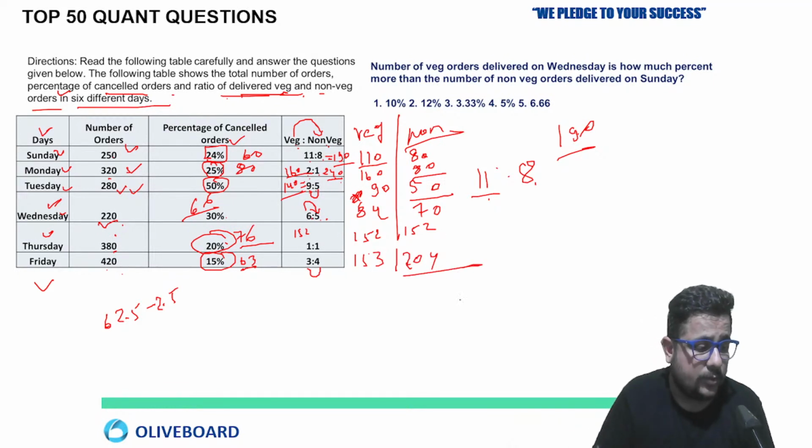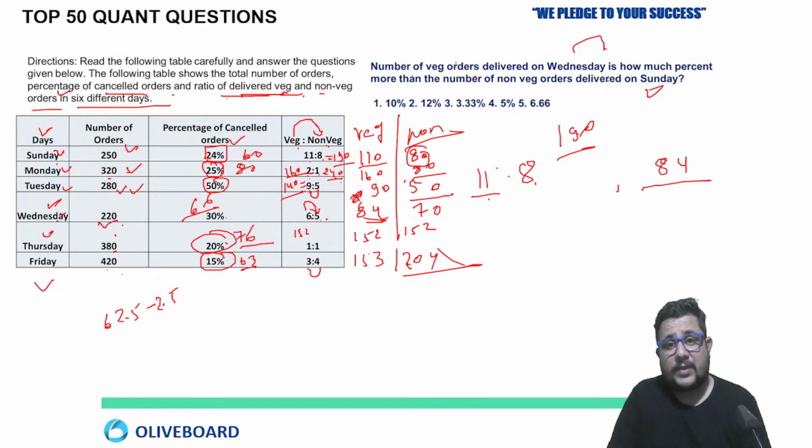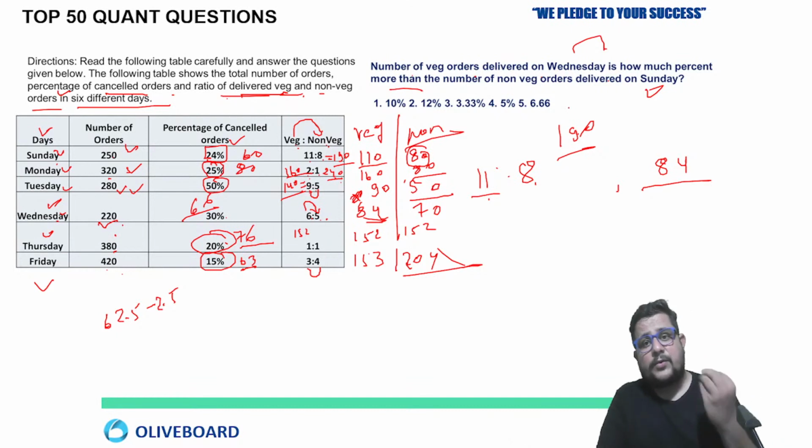Now we can move on to the question. The number of veg orders delivered on Wednesday is how much percent more than the non-veg orders delivered on Sunday? So Wednesday, how many veg? 84. On Sunday, how many non-veg? 80. So with respect to 80, the non-veg orders, we have to check how much percent more.